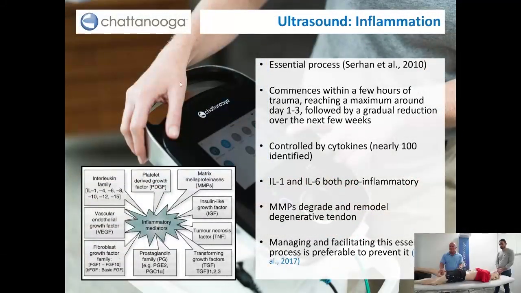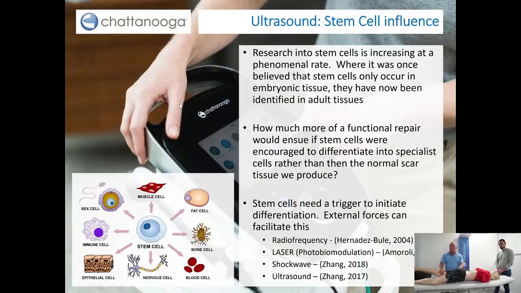There's a lot of interest in stem cell research now, and it's increasing at a phenomenal rate. Once we believed that stem cells only occur in embryonic tissue, but they've now been identified in adult tissue.